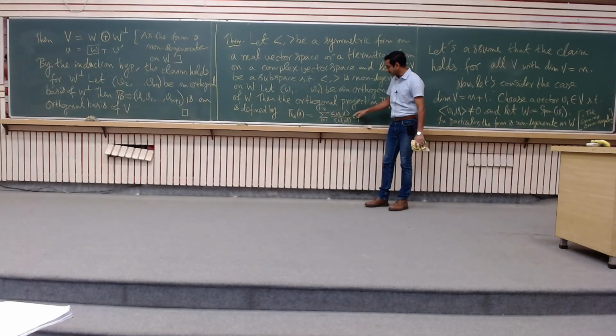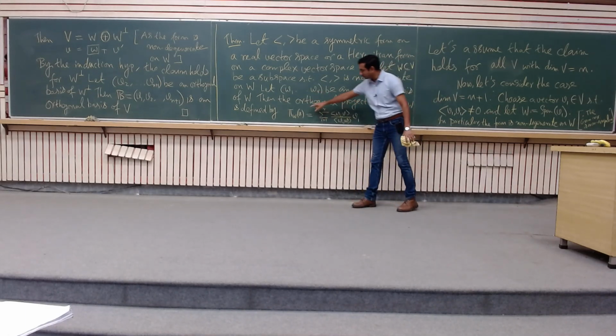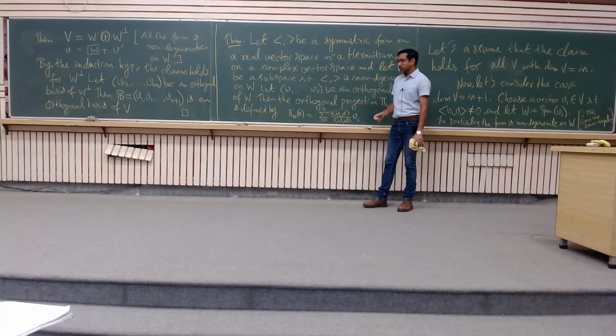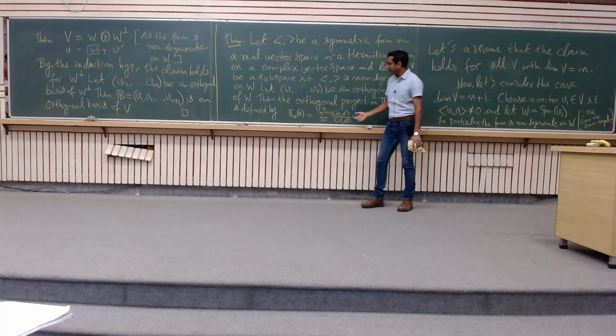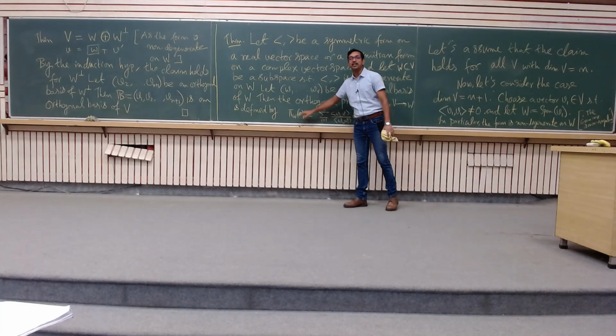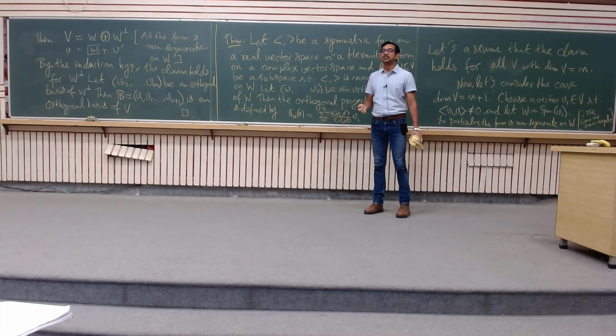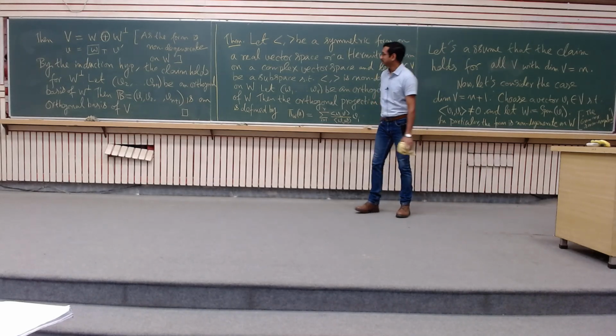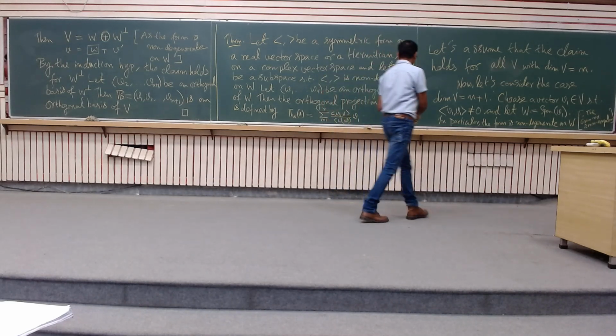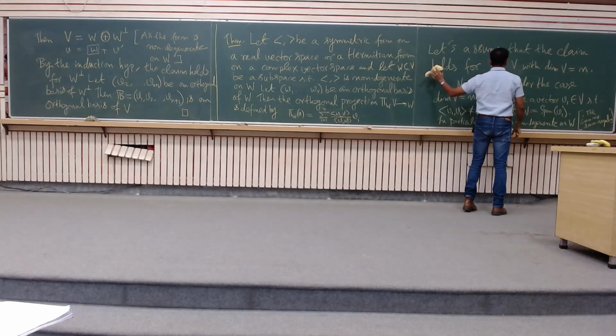So this summation is indeed mapping V into W. All you have to show is that if you subtract this from V, the result is perpendicular to W. Any doubts, Sanskar?